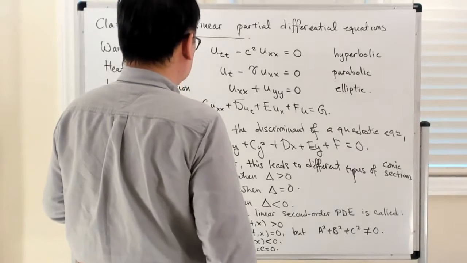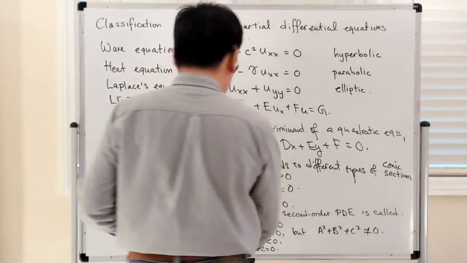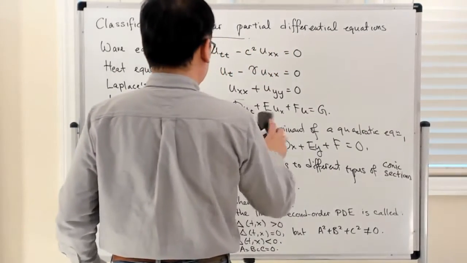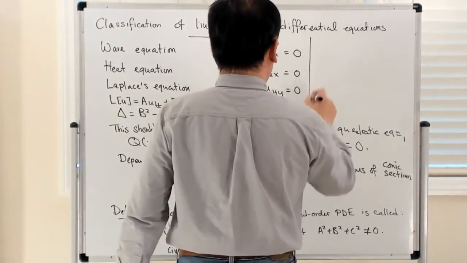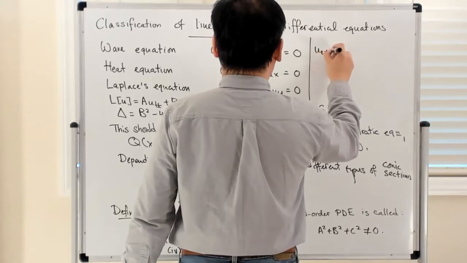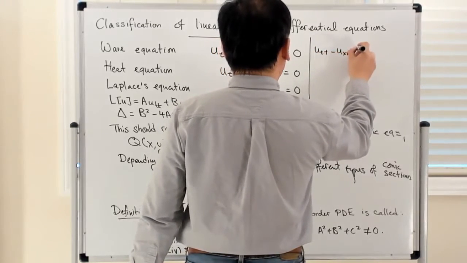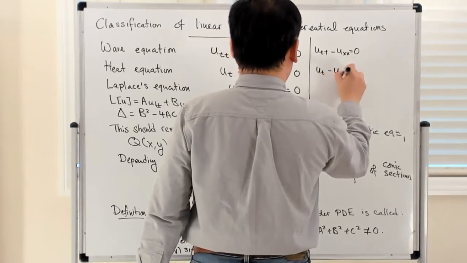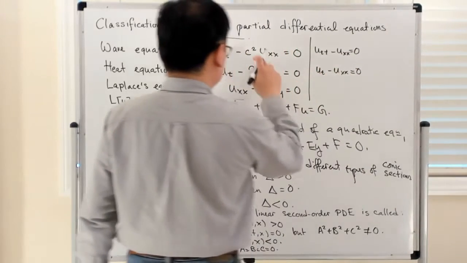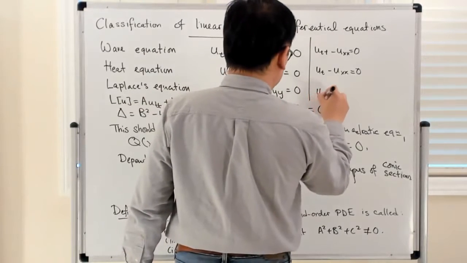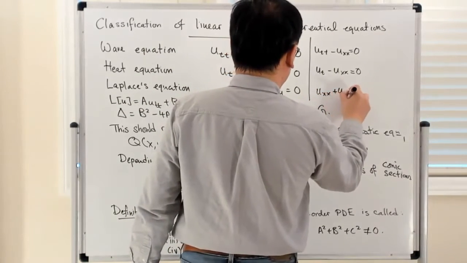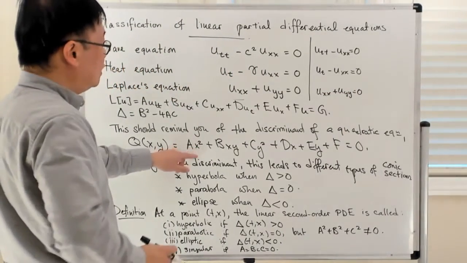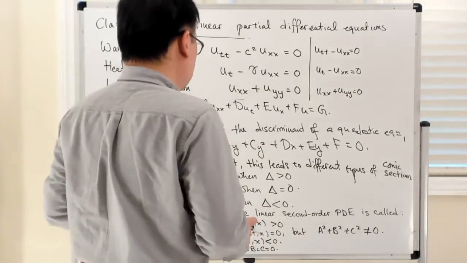So let's look at a simple case, right? You have utt minus uxx equals 0, and ut minus uxx equals 0. I'm going to just fix the coefficients basically. Then you have uxx plus uyy equals 0. Let's look at what these correspond to.